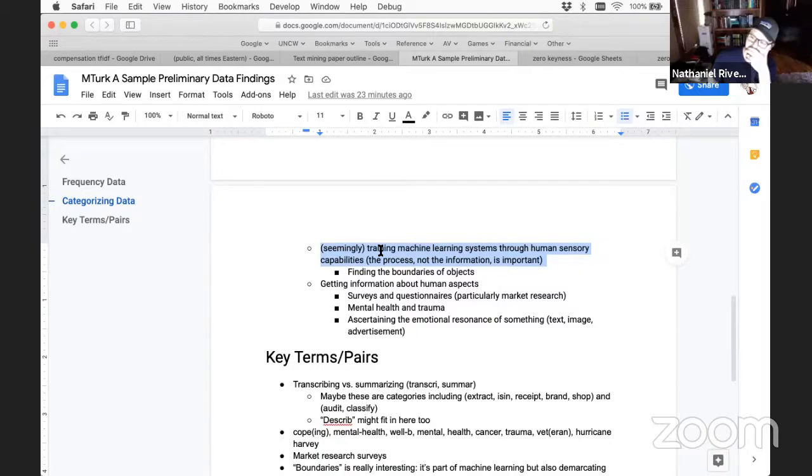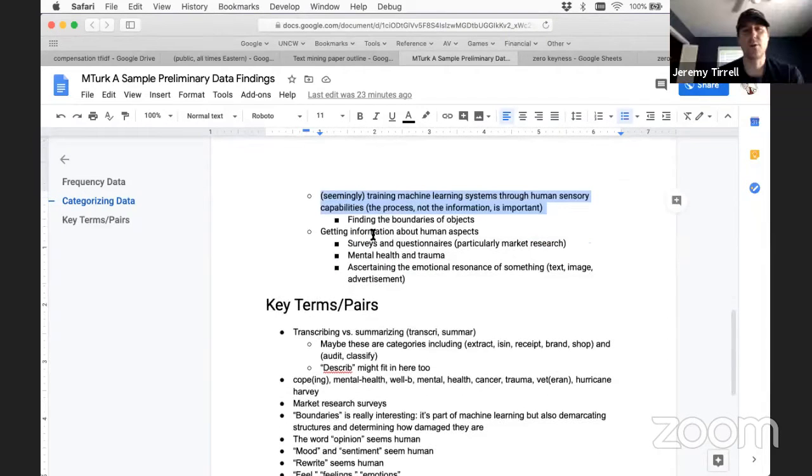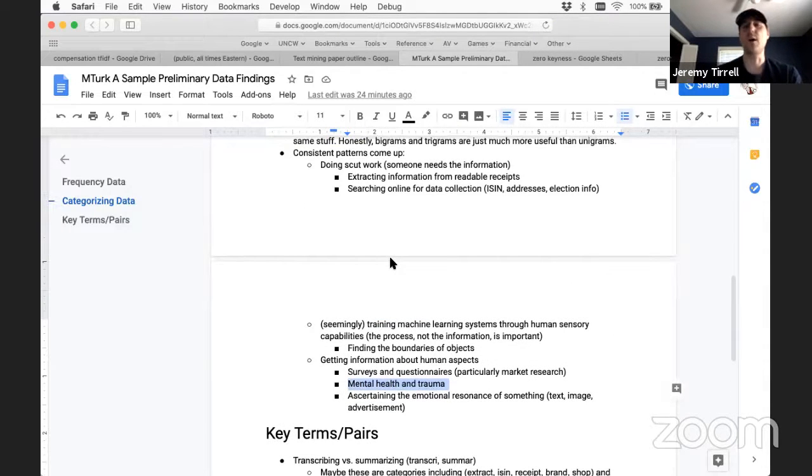And then there was another category of getting information about human stuff. This is where mental health and trauma come in, because a lot of that is: answer this survey about your coping strategies. It's different from these other two because what we want is information about people.